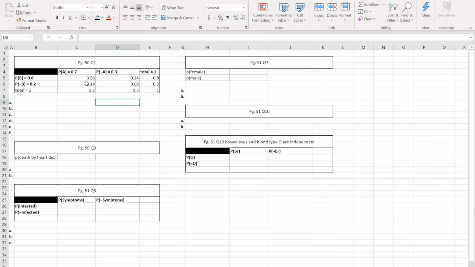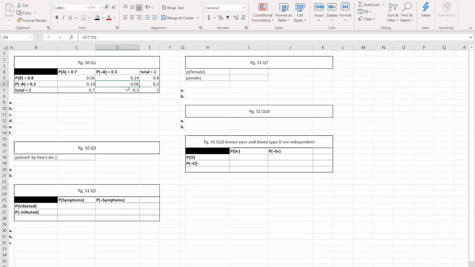Another important note is that this is equal to the sum of these across. If we're looking at the probability of A, that includes the probability of A and B and the probability of A and not B. Therefore, the probability of A and B plus the probability of A and not B should encompass the entire possible space, the entire probability of A occurring. So we find that this plus this equals this.